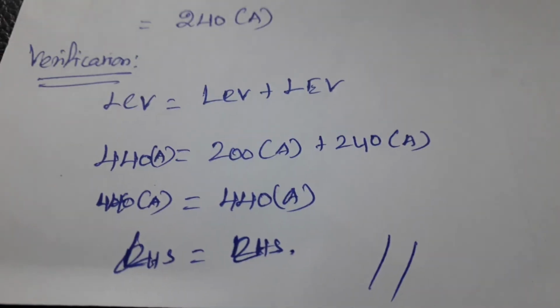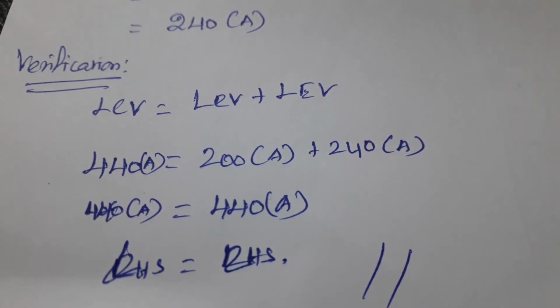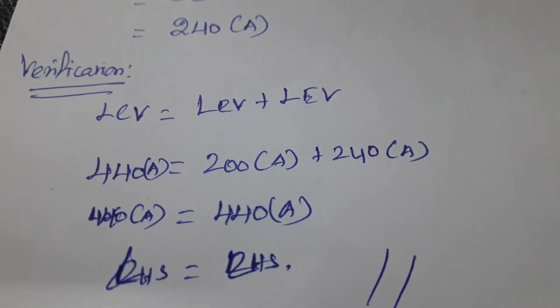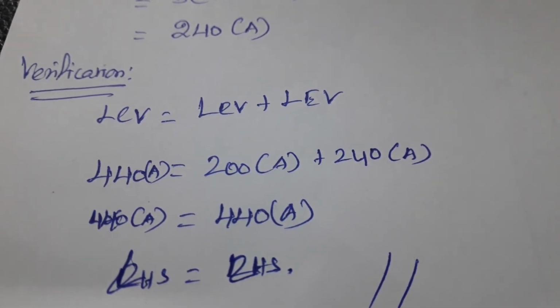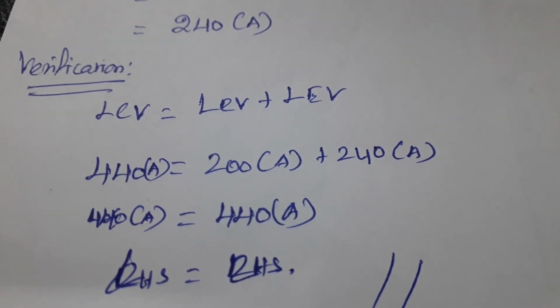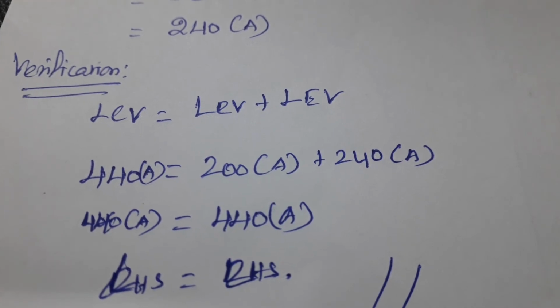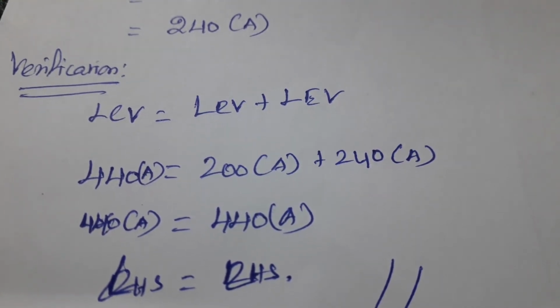Next, we need to verify all these values. For that, we have one separate formula: LCV equals LRV plus LEV. The labor cost variance is equal to the summation of the labor rate variance plus labor efficiency variance.